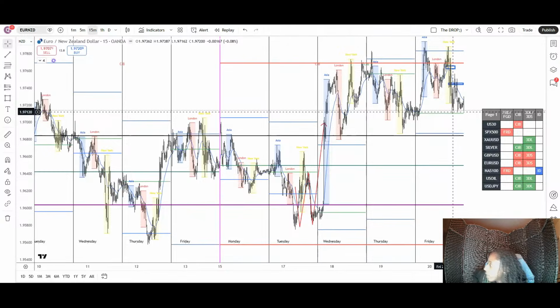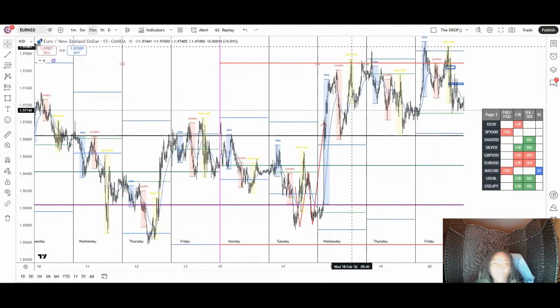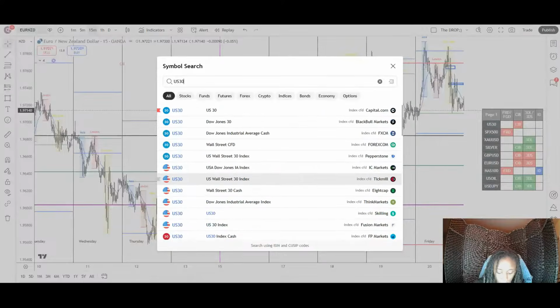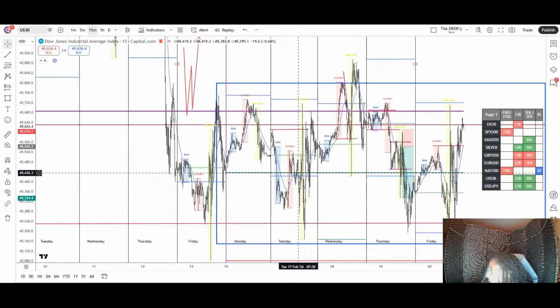US 30 was, okay, let me go to US 30. US 30 was Wednesday, peak formation high, and Thursday, peak formation low setup.